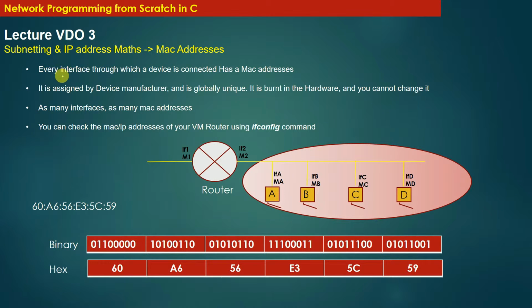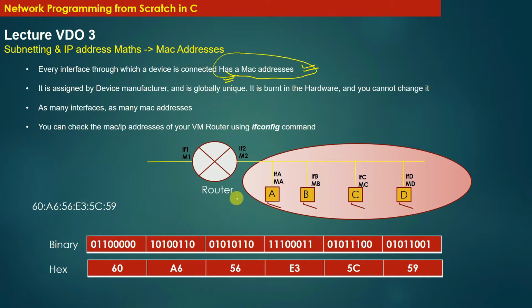Now, every interface through which a device is connected has a MAC address. So far we have learned that interfaces have an IP address and mask value configured on them. In addition to the IP address and mask value, the interfaces are also configured with a MAC address.